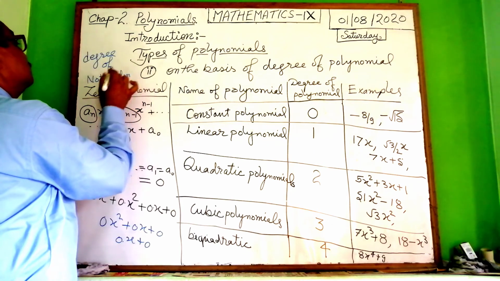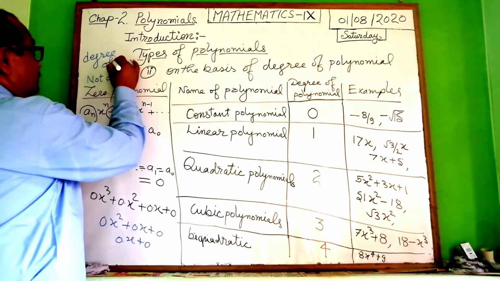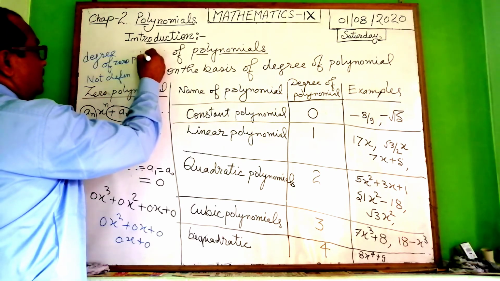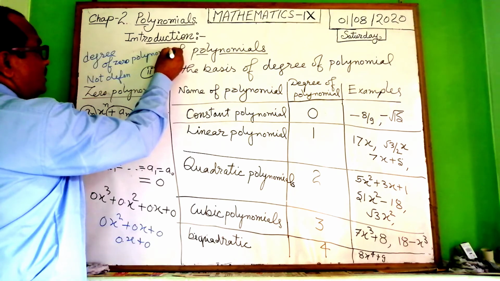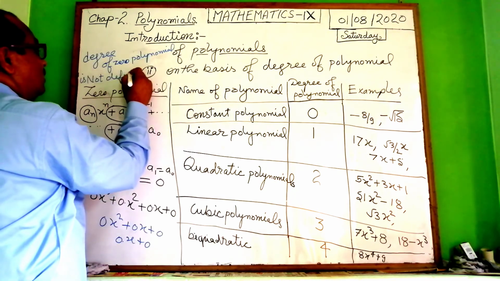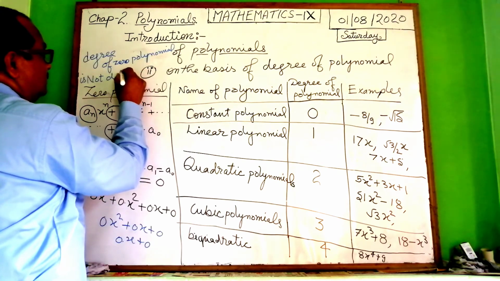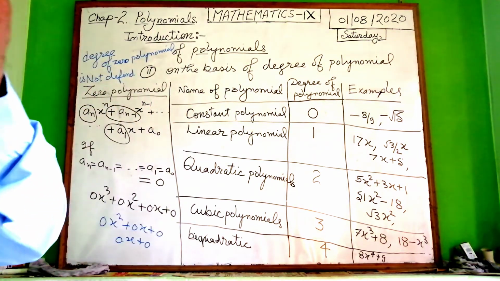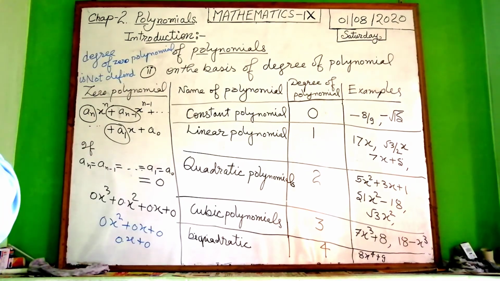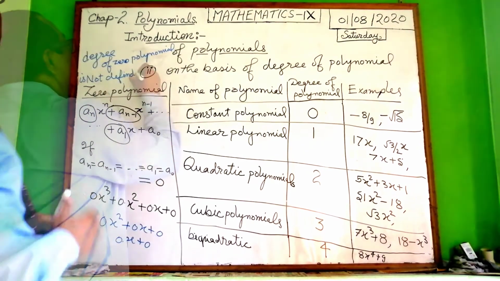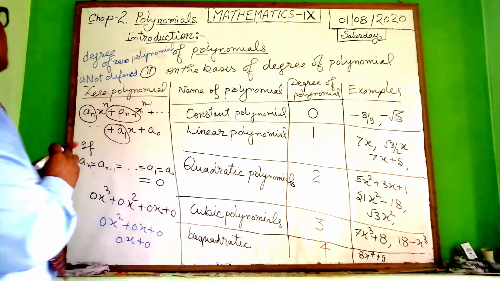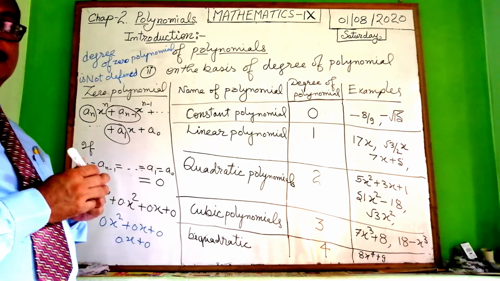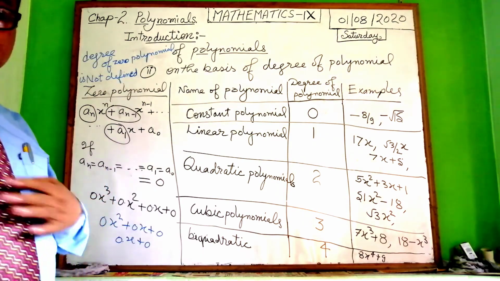This is a very important question. Once more I would like to read: the degree of the zero polynomial is not defined because it is not fixed.